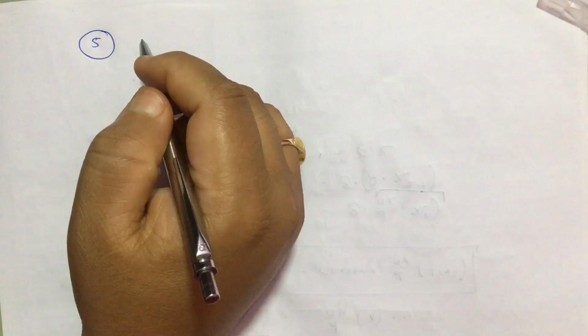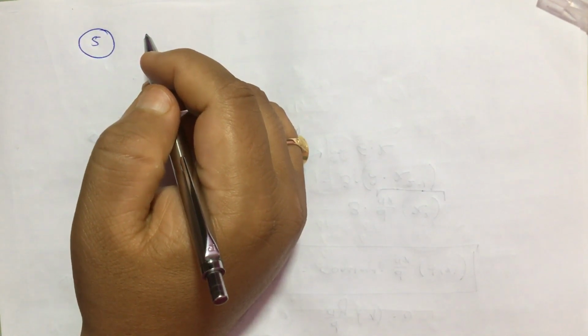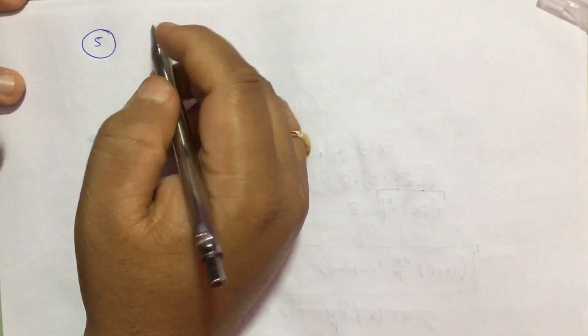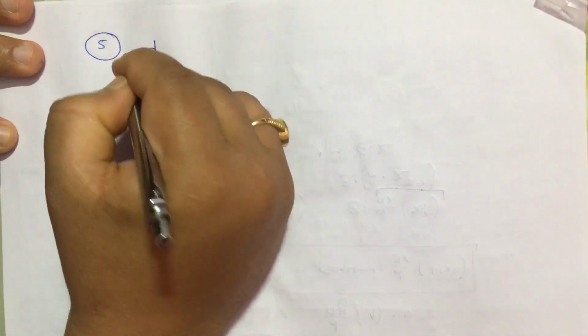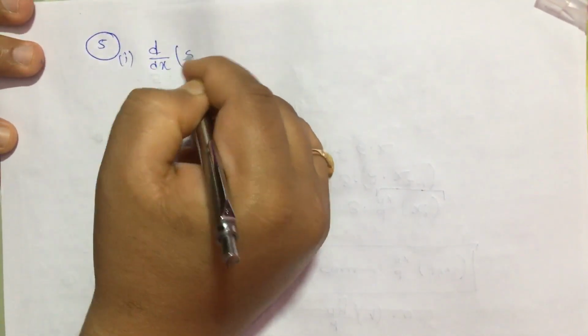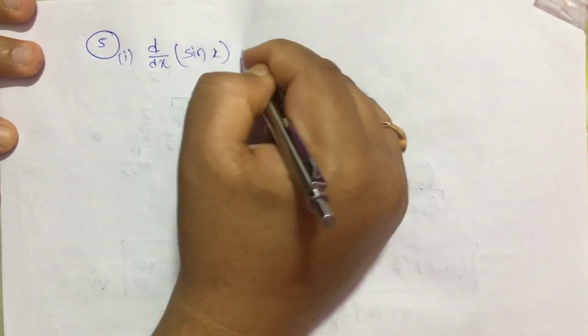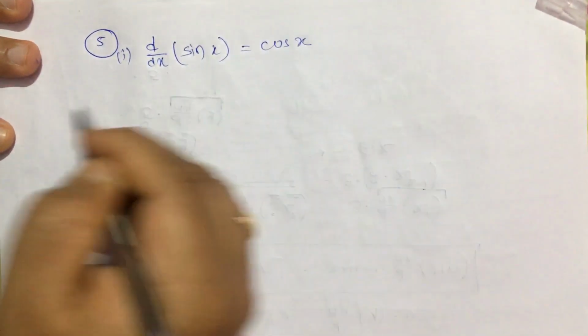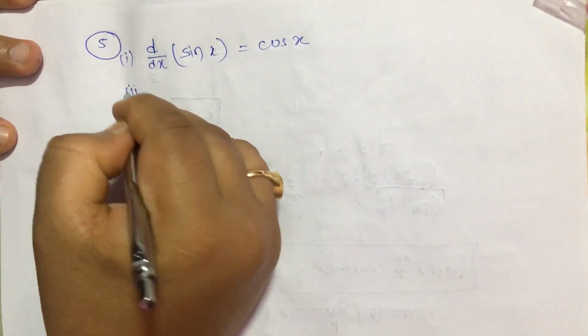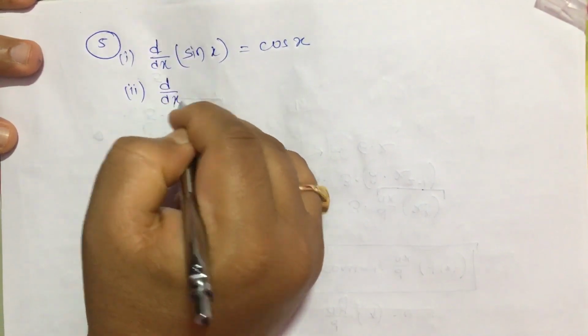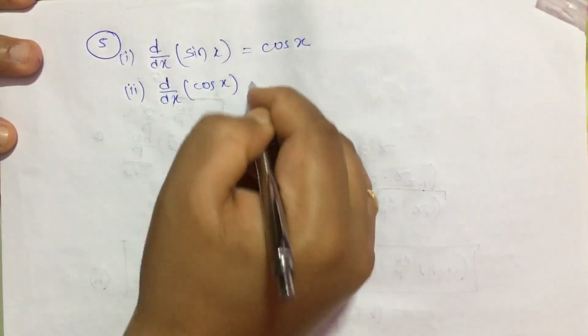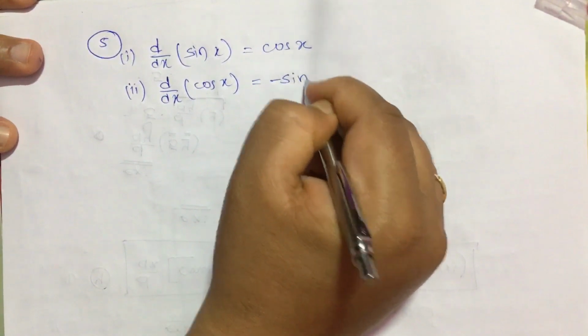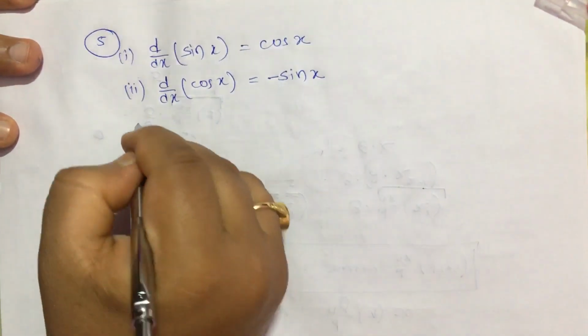We will learn the derivatives of some trigonometric functions. First, d by dx of sin x, the answer is going to be cos x. Second, d by dx of cos x is going to be minus sin x, remember minus sin x.